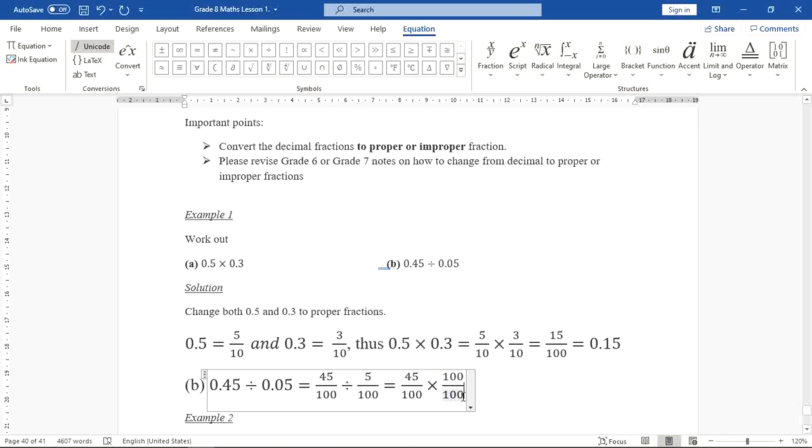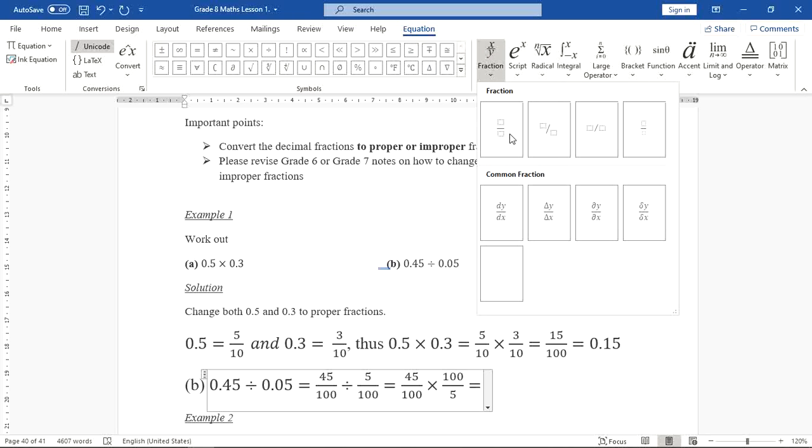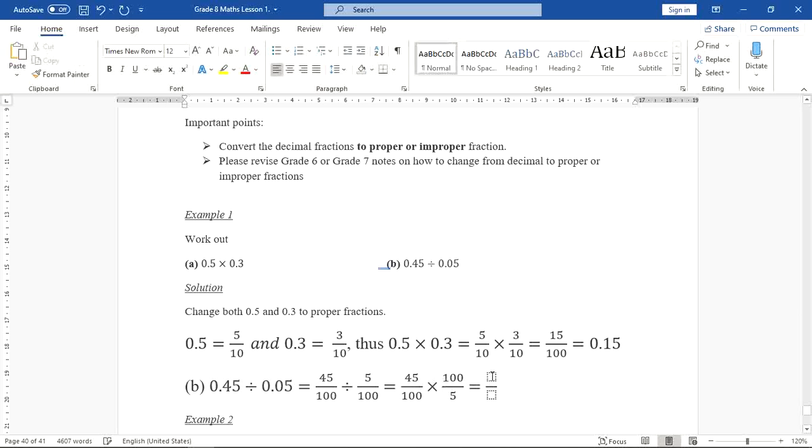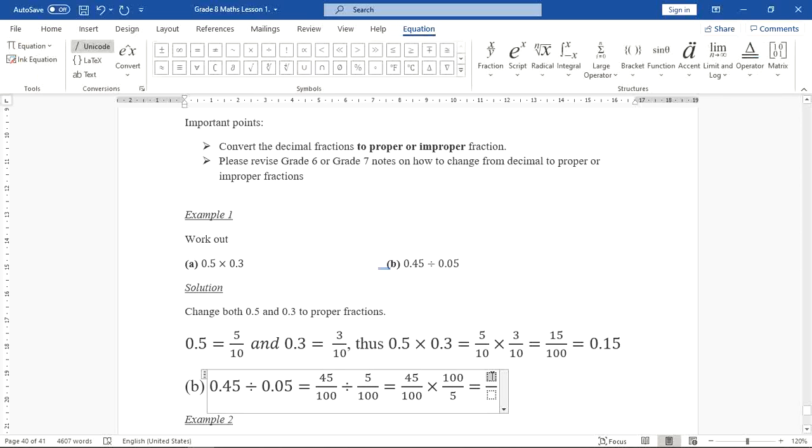That's going to be 100 over 5. Now we can simplify. 45 times 100 is 4,500, and 100 times 5 is 500.